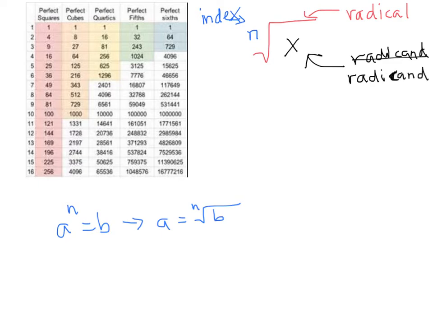Now back to this idea about the nth root. If n is odd, there is one real nth root of x, denoted in the radical form as the nth root of x.